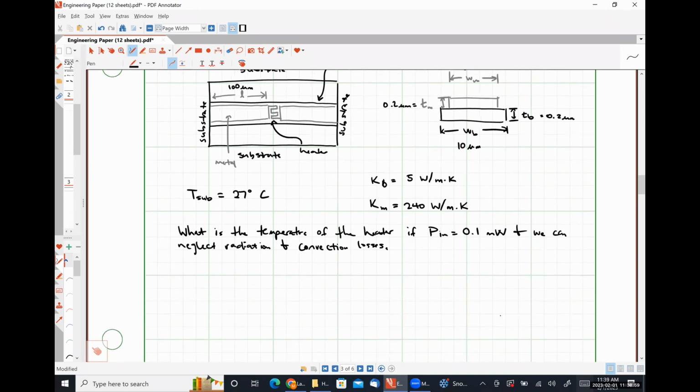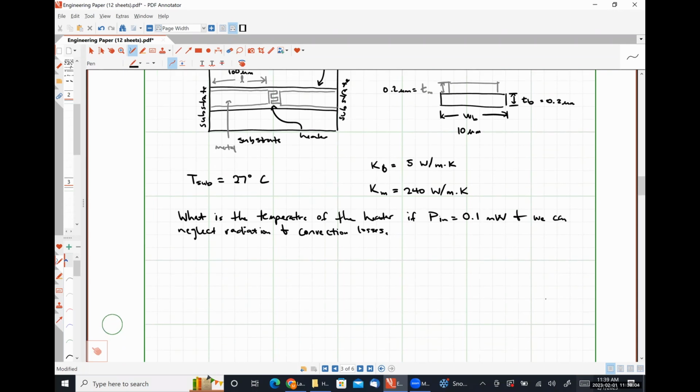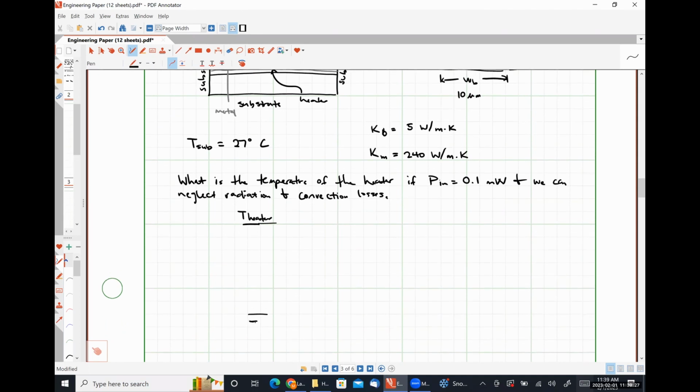So I'm going to draw a thermal circuit here. Okay. So at the top, which is where I'm going to assume the hottest part of our system is, we have the temperature of our heater. And it sees multiple paths to the lowest temperature in our system, which I'll put down here, which is the temperature of the substrate, right?